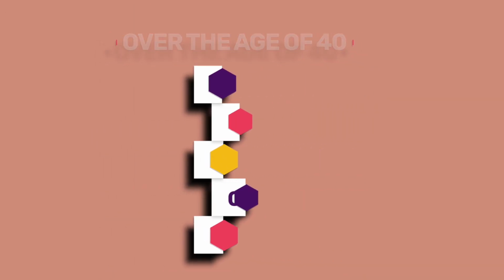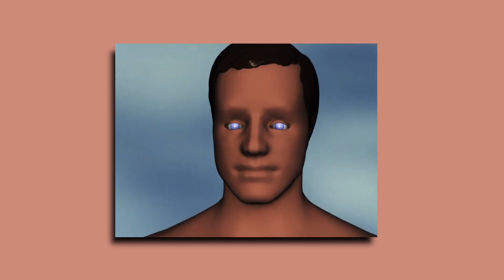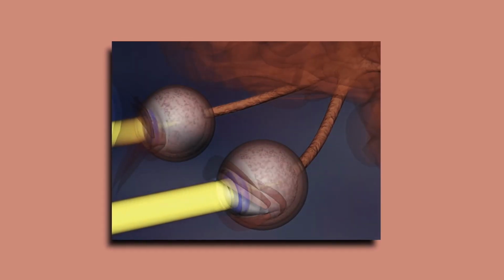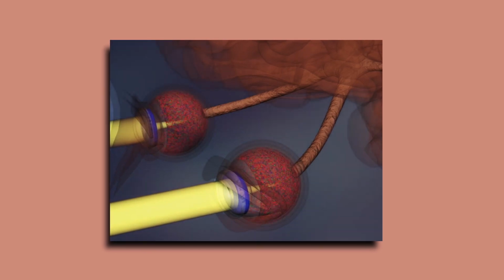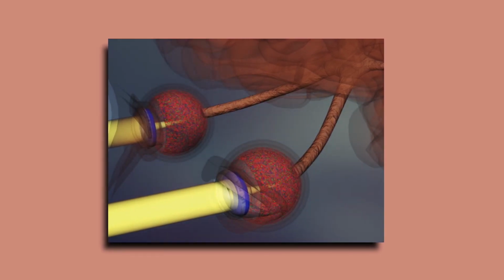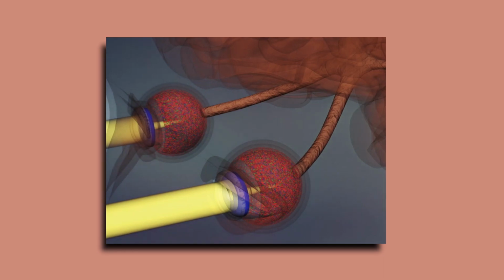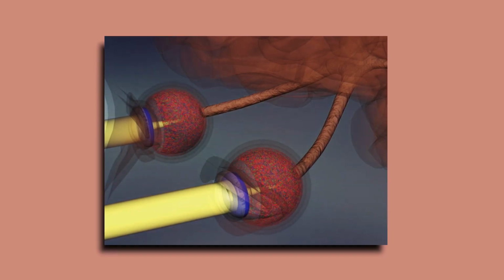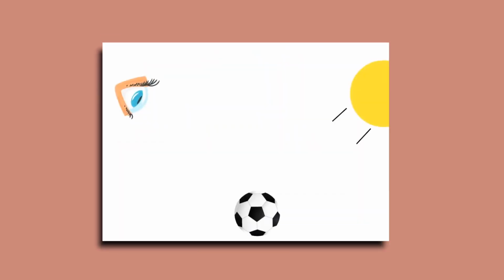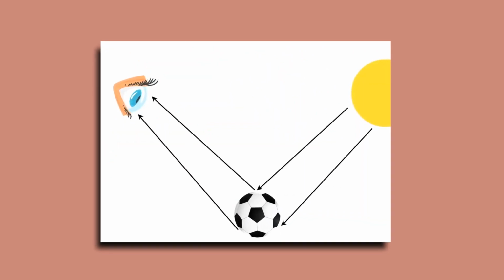Now coming to today's topic of discussion, errors of refraction are the most common type of vision problems. These are focusing disorders of the eye. Errors of refraction are a type of vision problem that makes it hard to see clearly.